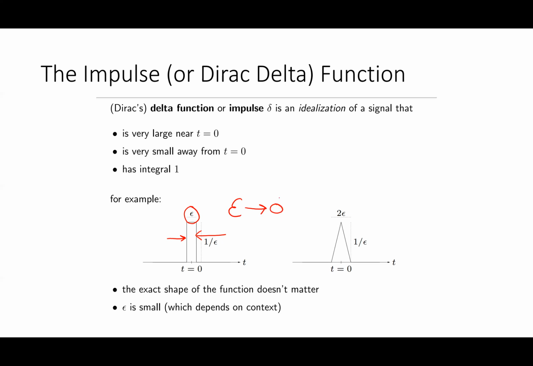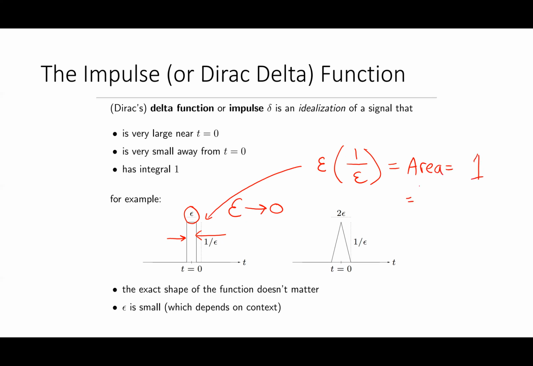But before I think about that, what's the area under this curve? Epsilon is the height, the width is 1 over epsilon, so the area is equal to 1.